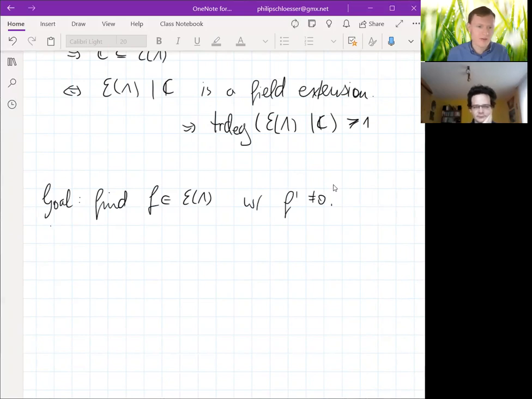And for the purposes of this derivation, we choose a basis.